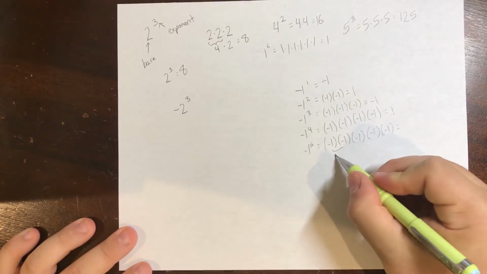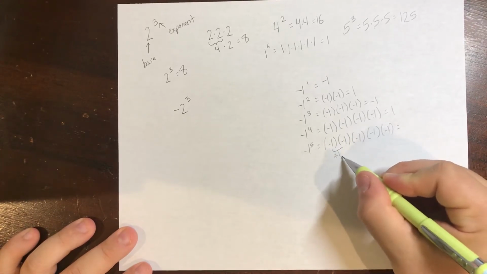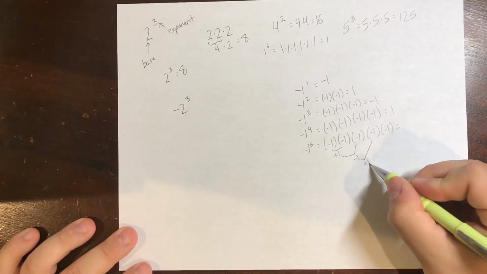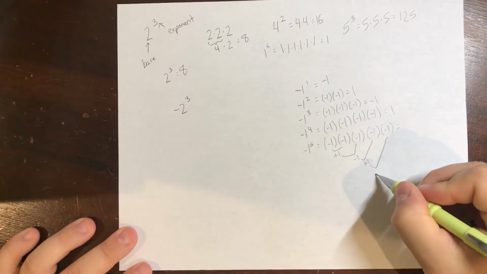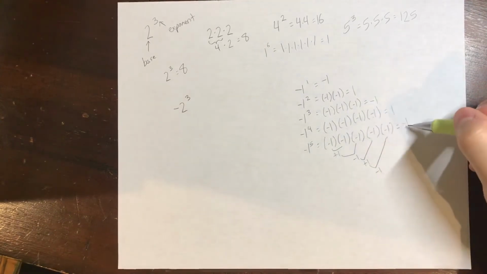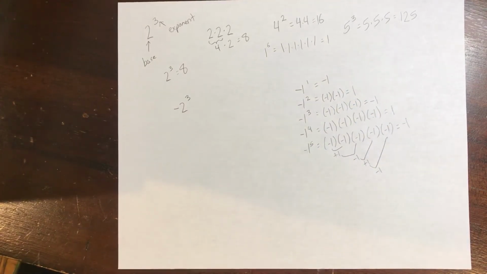This is +1 times -1, so that's -1. These two give us +1, and then these two give us -1 again. So -1, and then we see that continue. Due to the 6, you can start keying these on a calculator if you'd like. -1 to the 6 will give you +1.